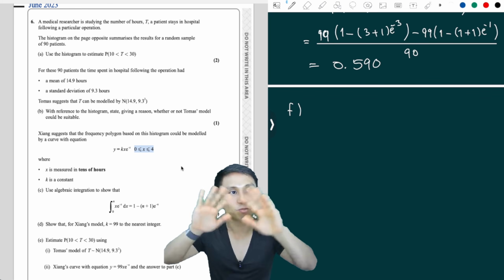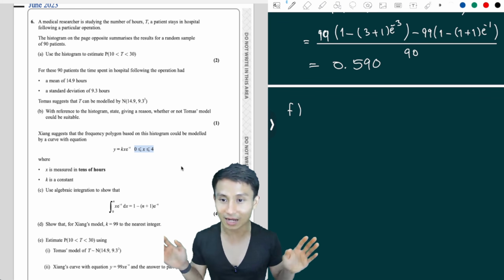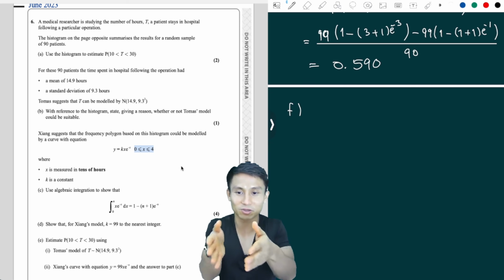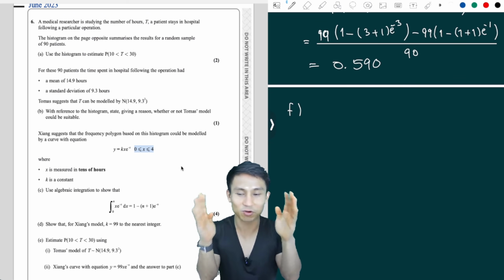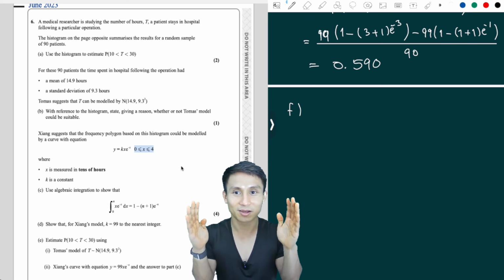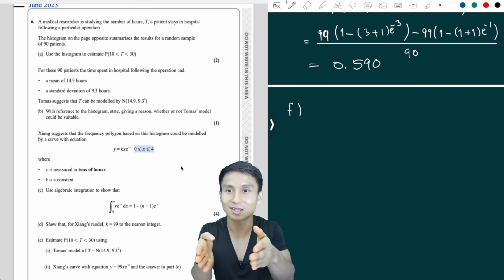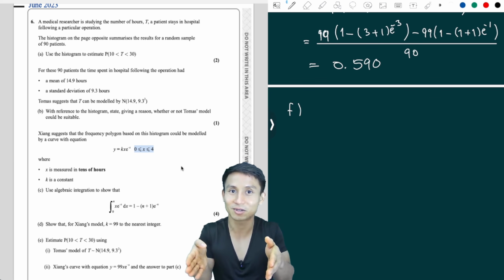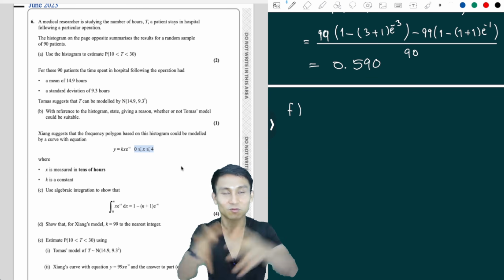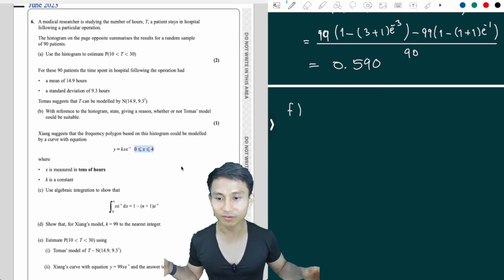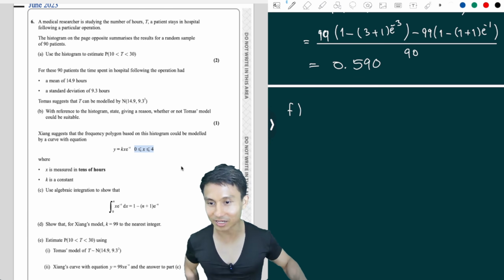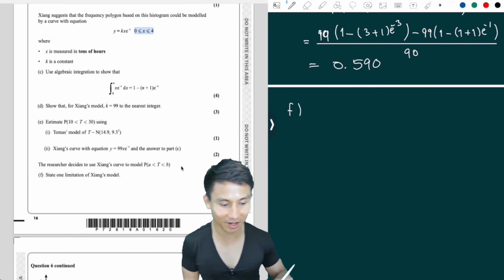So if we put this into the context of reality here, Xiang's model calculation will just narrow down to those people having to stay within 40 hours. So this might be an underestimate, because you don't account for the whole thing. Okay, and that is the limitation here to the reality, right?